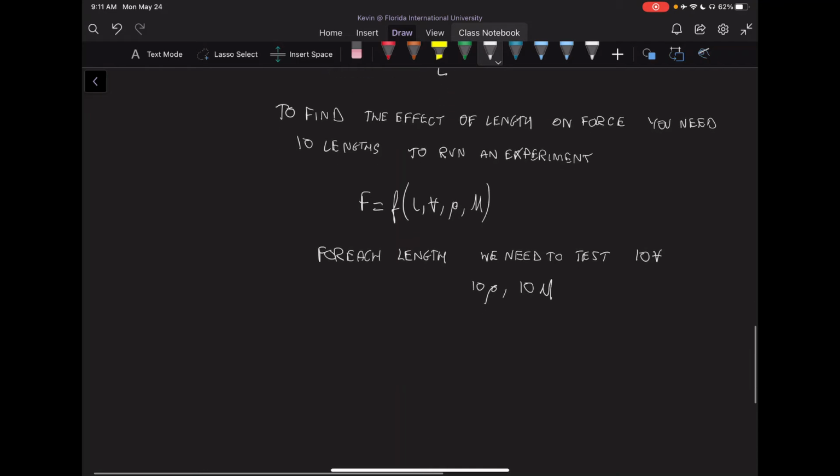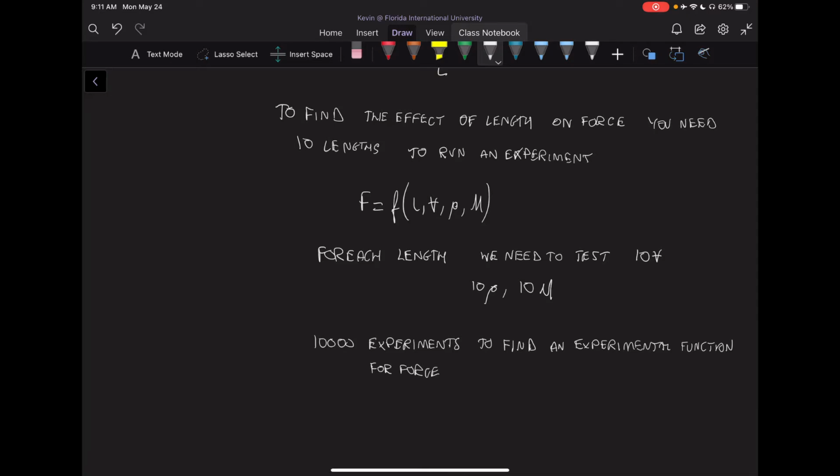So that means that we need to do 10,000 experiments to find an experimental function for force.